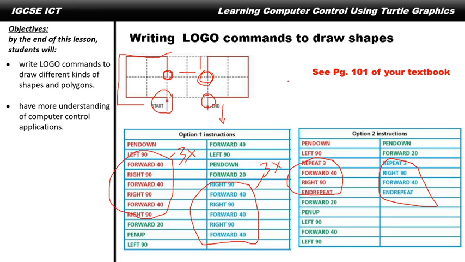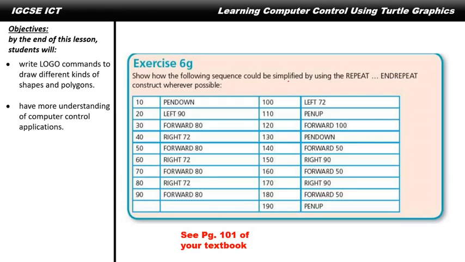So this is very easy. I hope that you get the logic, and you should be able to answer this question on this next slide. It says show how the following sequence could be simplified by using the repeat and end repeat construct wherever possible. So all you need to do is check for where sets of instructions are repeated consecutively, then put them inside the repeat and end repeat command.